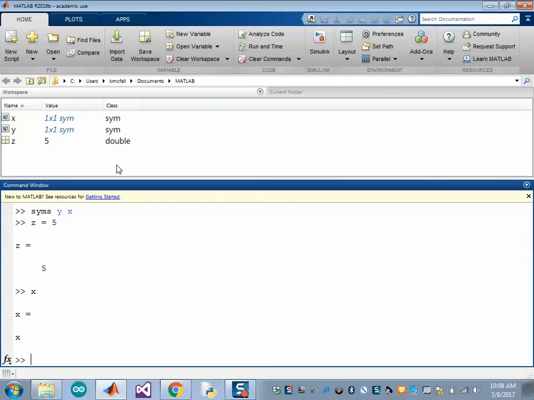It's representing a mathematical variable x that could be anything. I mean, that's what a mathematical variable is. Right? If you have y as a function of x, it could be just anything. Well, we could do that. y is equal to sine of x. And y is just equal to the sine of x. You can see there, y is still a symbolic variable, but what y is equal to is the sine of x. But x and y don't have any specific numbers.